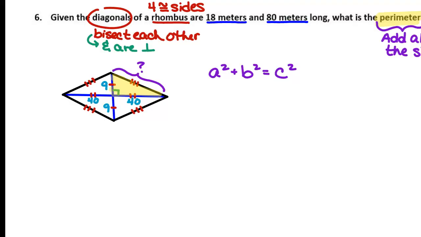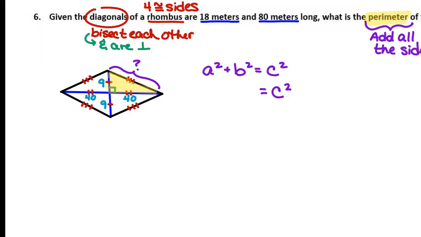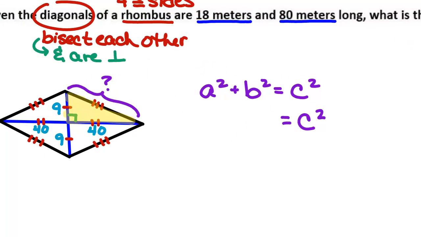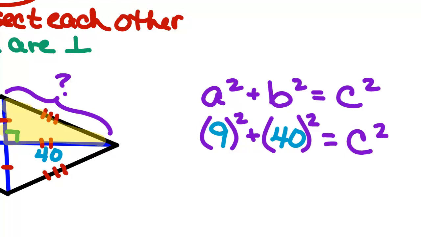The hypotenuse. How big is the hypotenuse of this little yellow triangle? We don't know, so that has to stay c. So I still have c squared over there. So what goes in for a and for b? 9 squared and 40 squared. So I have 9 squared in the place of a squared and 40 squared in place of b squared.